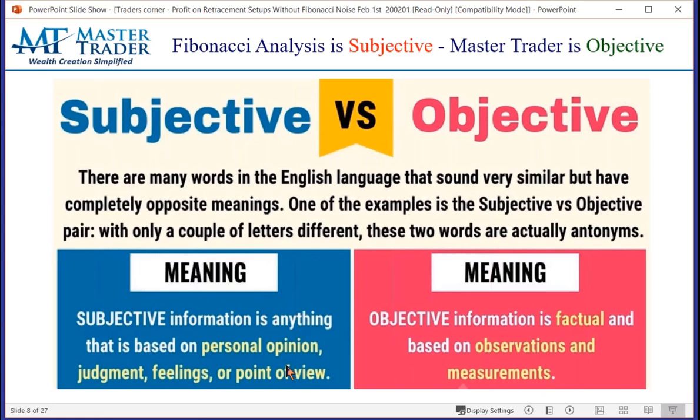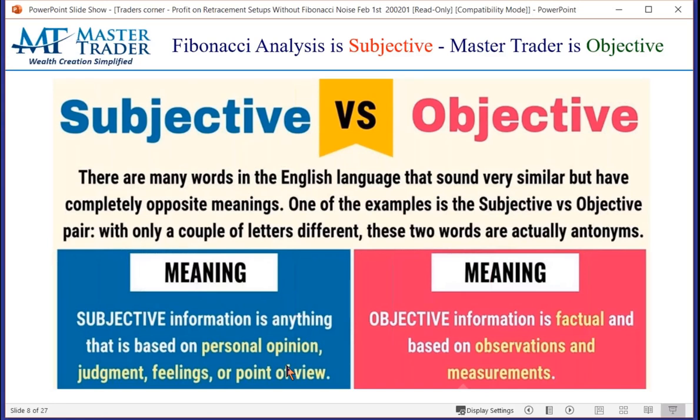You're subjecting your wishes into the trade setup, trying to justify why you want to put your money on the line and enter the trade. Our approach is to focus on factual. It's presently existing in fact.